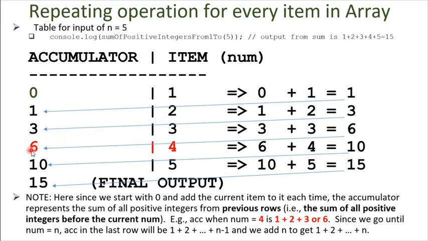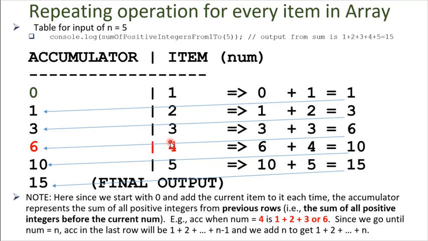So for instance, when we're at 4, we want to say that the sum of the integers that came before, 1 through 3, is actually 6. So we want this accumulator to be the sum of the integers before this number. So this number really represents the one that we're up to.